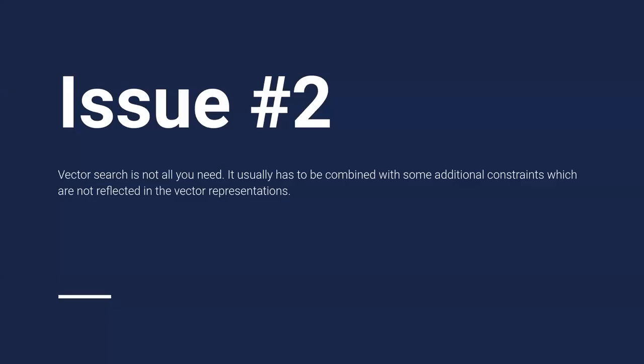The second issue: vector search is not all we need. This is usually combined with some additional criteria. Let's say you have multiple users and you don't want to mix the data coming from multiple users. That might be different organizations, and definitely you shouldn't be mixing their data to provide a response.